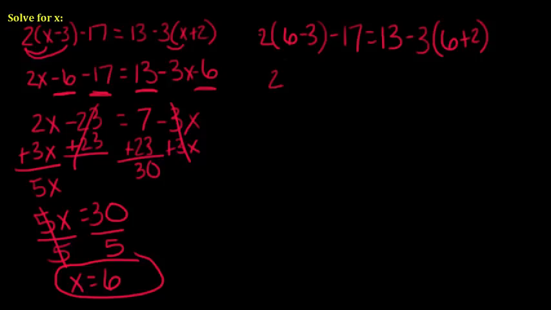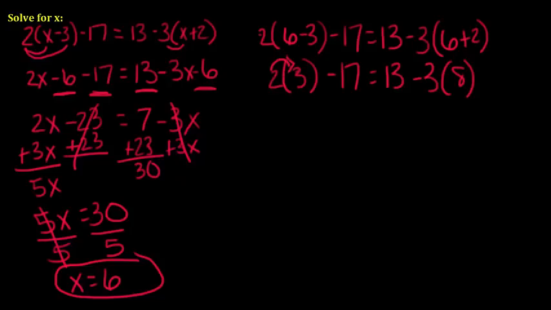So 2 times 6 minus 3 is 3. Minus 17 is equal to 13. Minus 3 times 6 plus 2 is 8. So now we'll distribute. 3 times 2 is 6. Minus 17 is equal to 13. Minus 3 times 8 is 24.